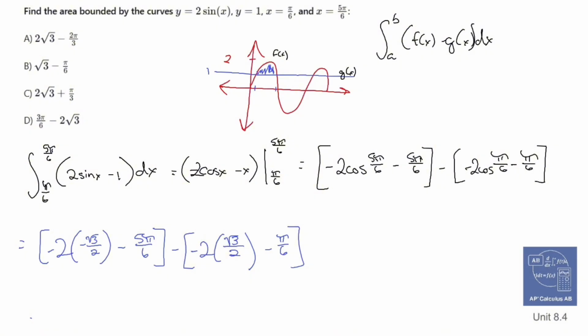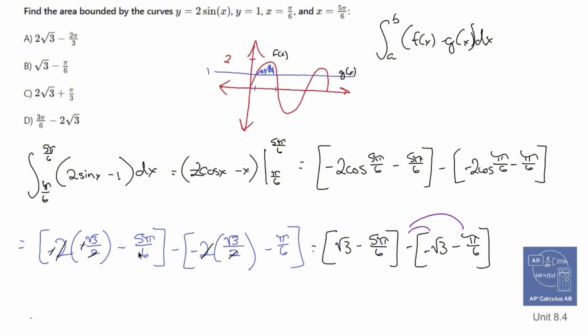Okay, so a couple things happen. The 2s cross out, the negatives cross out. So that leaves us with root 3 minus 5 pi over 6 minus negative root 3 minus pi over 6. Let's distribute that negative. That leaves us with root 3 minus 5 pi over 6 plus root 3 plus pi over 6.